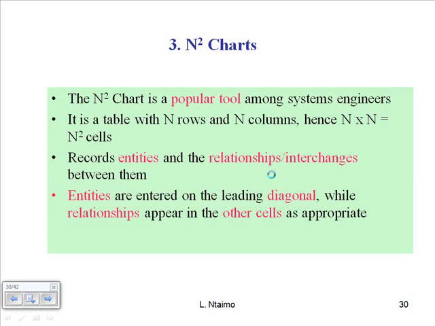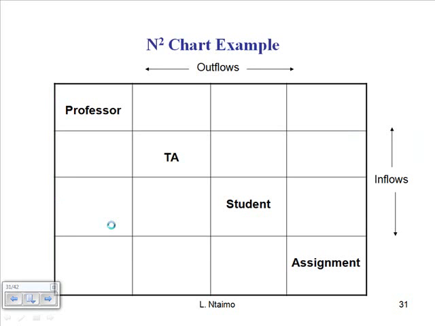So the way we do this is we enter the entities in the leading diagonal. So the diagonal is going to have all the entities of interest, and then the relationships or interchanges are going to appear in the other cells. And here is an example of an n-squared chart.